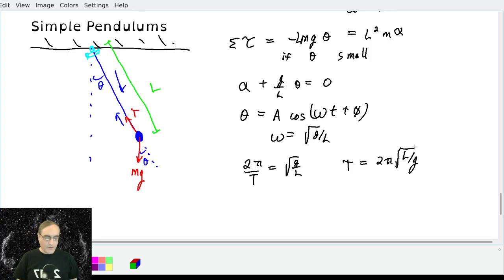And we find for small angle of release, it only depends on the length. Okay, so that wraps this one up.